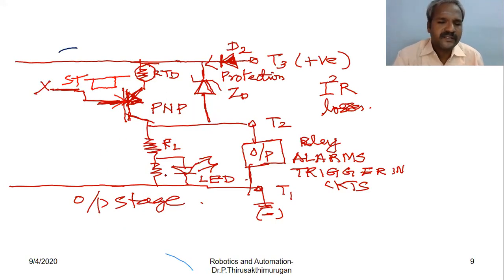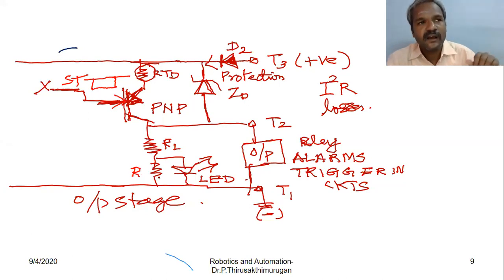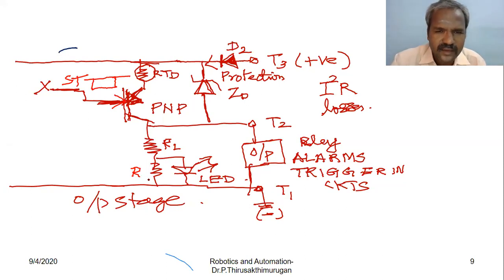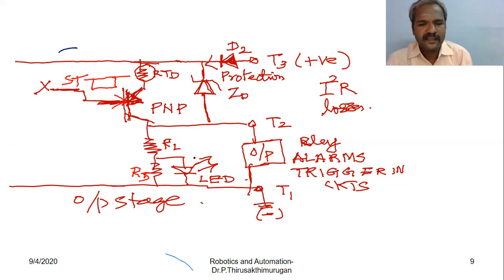Also, the output is connected here. This load resistor, we say this is R5; you can name this resistor R1, R2, R3, R4, R5. This is the load current-limiting resistor to prevent high current in the circuit. So the LED will light when the output is high.